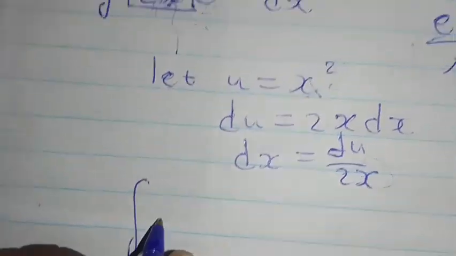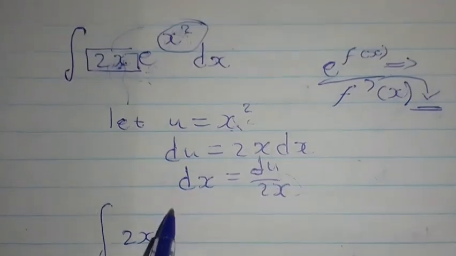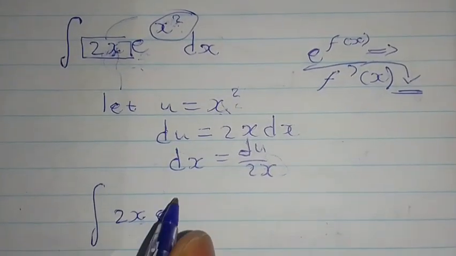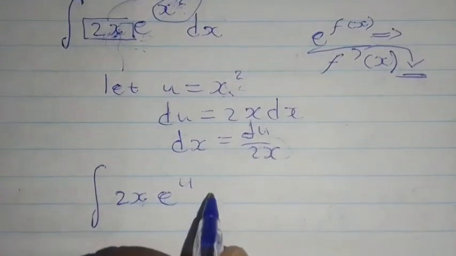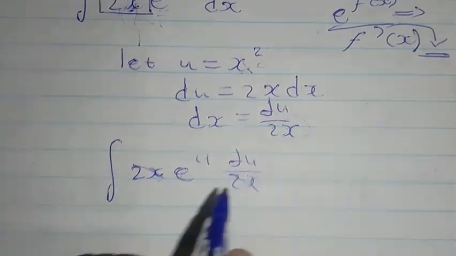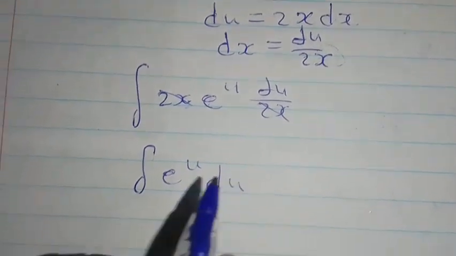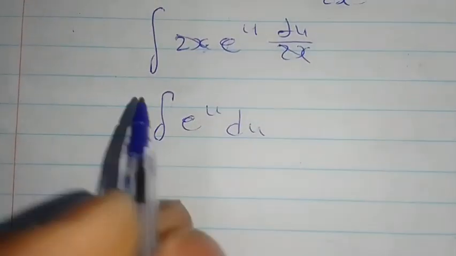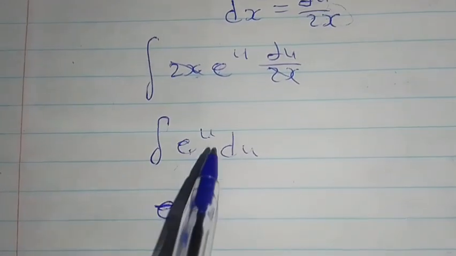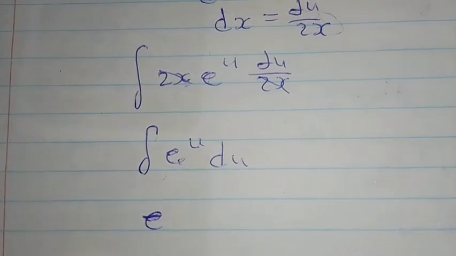Then we have the integral of 2x multiplied by e to the power u, where dx is now du over 2x. The 2x can cancel, and then you have the integral of e to the u du. Now, remember that if you differentiate e to the u, you're going to have e to the u.